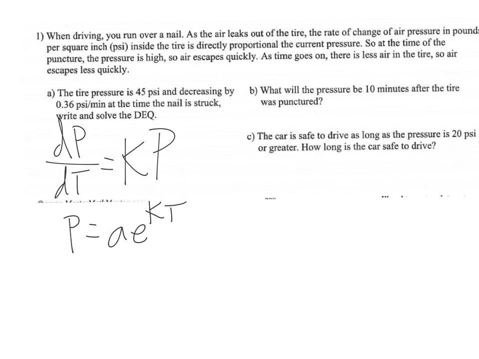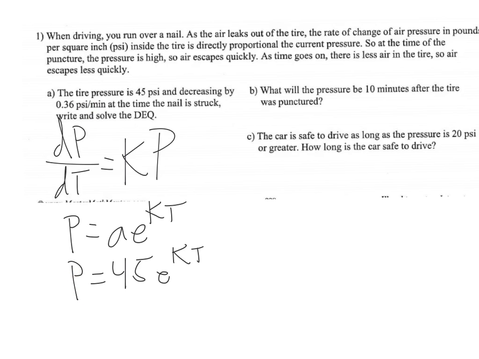Now, what's a little weird about this problem is he's telling us that the initial pressure is 45 pounds per square inch. That's not the weird part. But then they're telling us that at time zero, it's losing air at 0.36 pounds per square inch. Notice this is a rate, not a quantity like the pressure, because it's at a time.